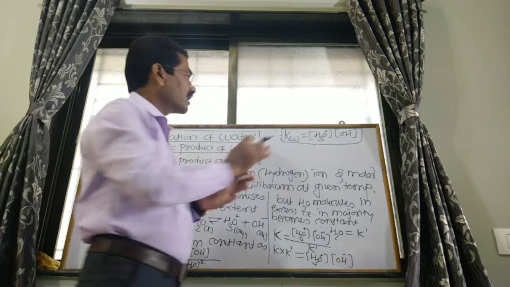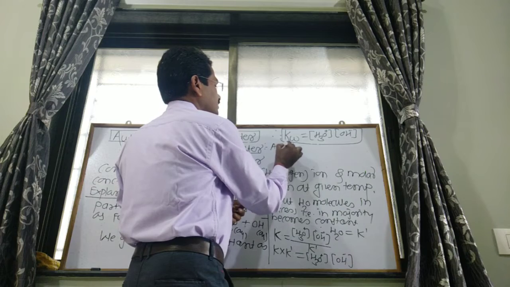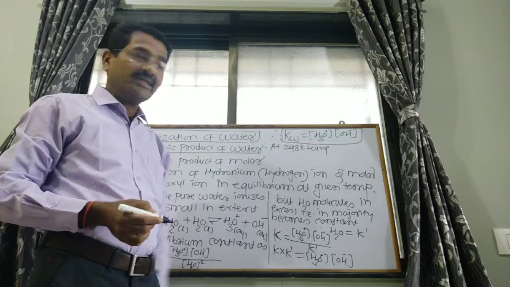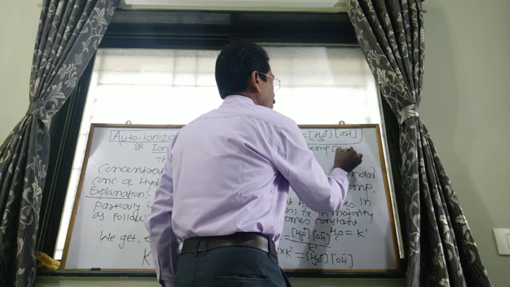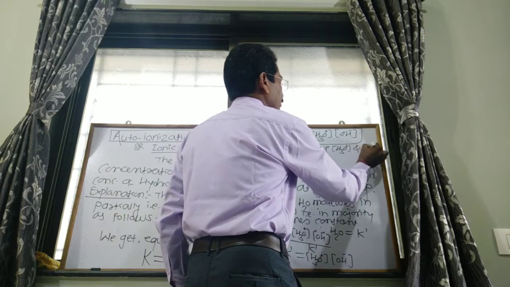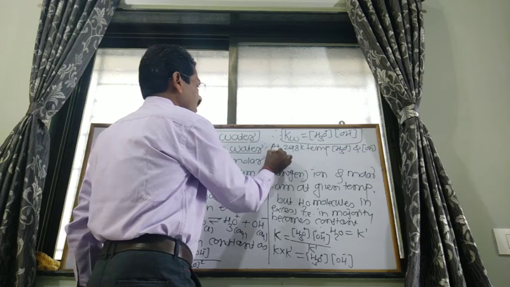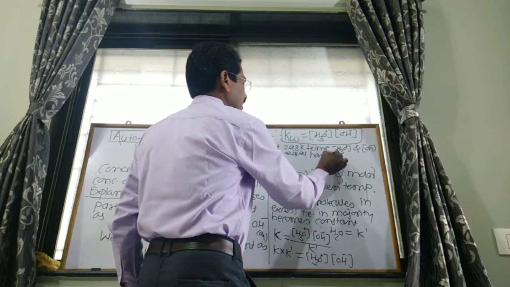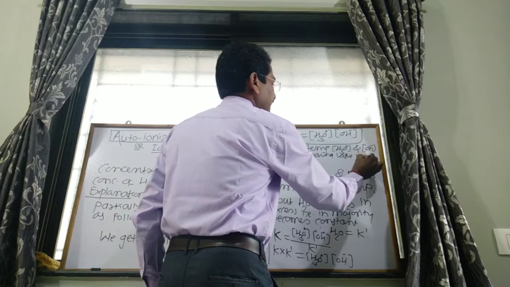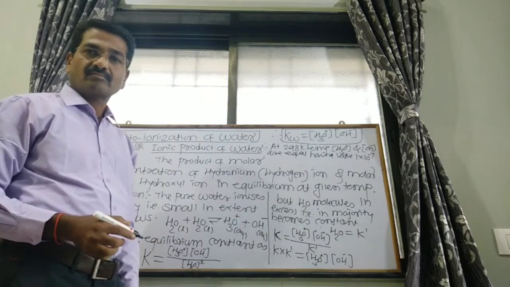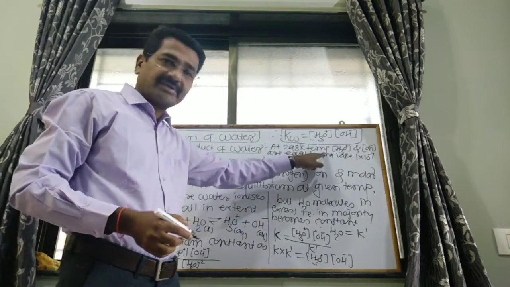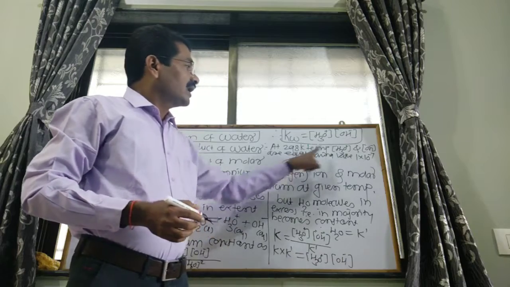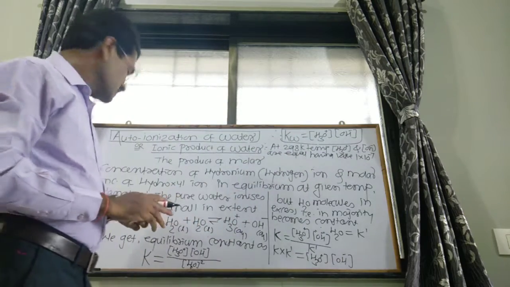At 298 Kelvin temperature, the H3O+ ion and OH- ion concentrations are equal, having the value 1 into 10 to the power minus 7.